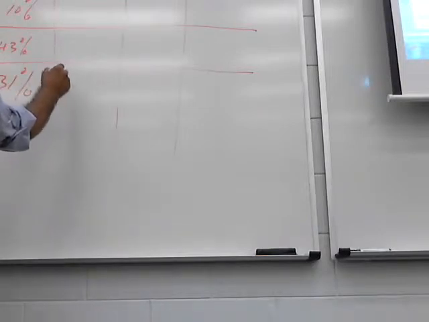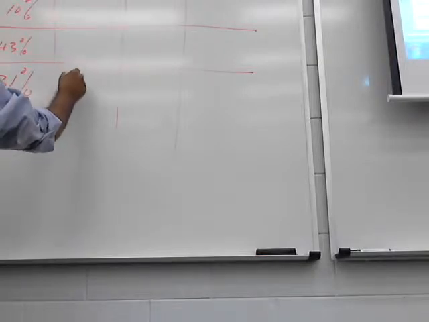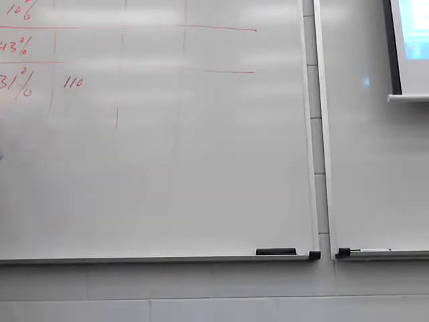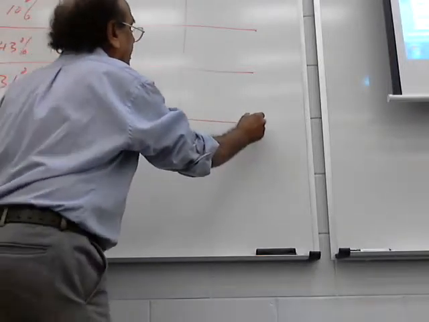And by doing that, we want to get 110 milliliter of a 31% solution. 31%, and how many milliliter here? It says 110 milliliter.